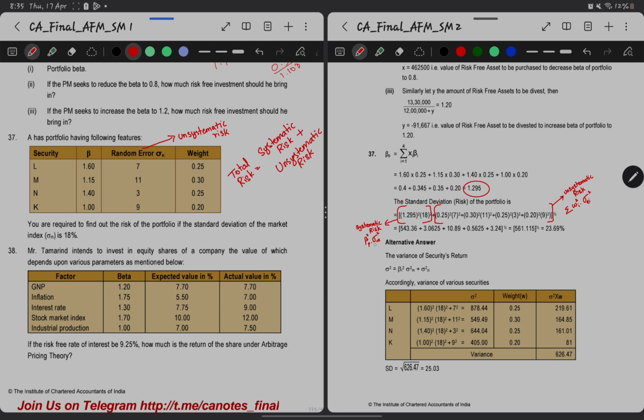So if you see the first solution, this 1.295 whole square multiplied by 18 square is nothing but the systematic risk portion. The other portion is the unsystematic risk portion, which is the summation of weight square multiplied by the unsystematic risk square.